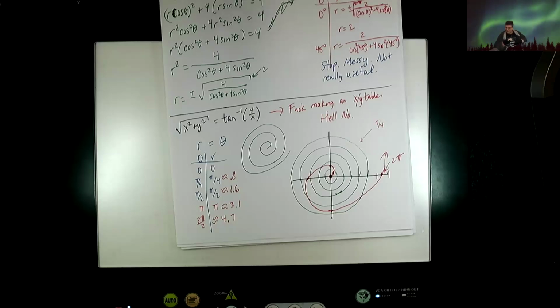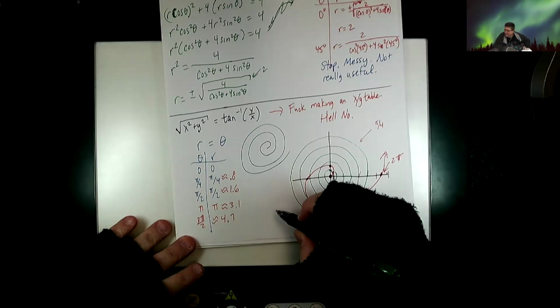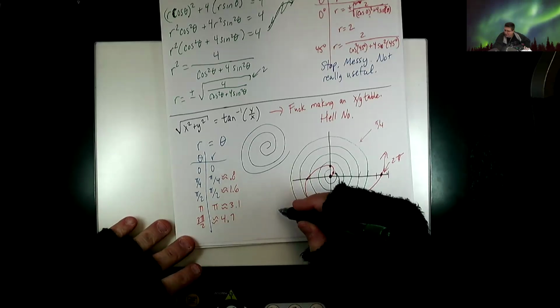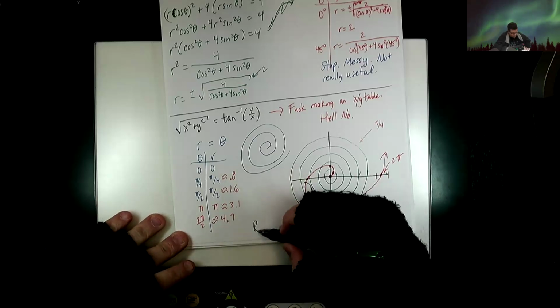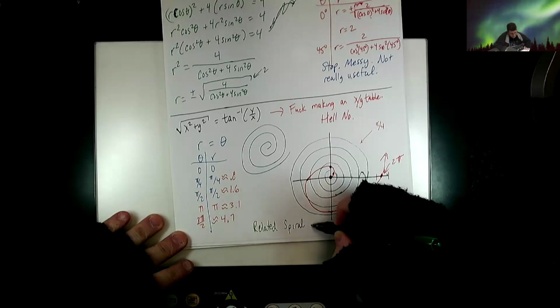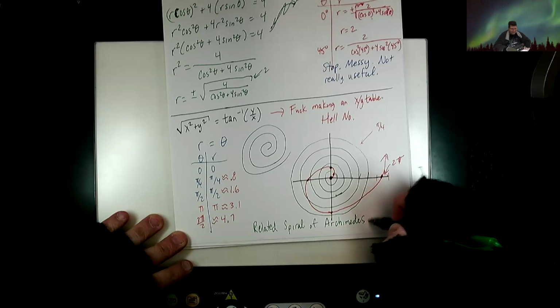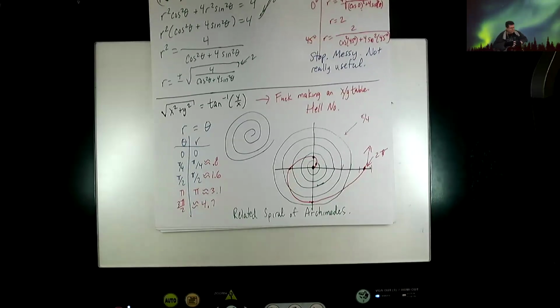I want to say this is called the spiral of Archimedes, I think. Or it's related to the spiral of Archimedes. I have that in my head. I don't know, I think it might be negative theta for r.